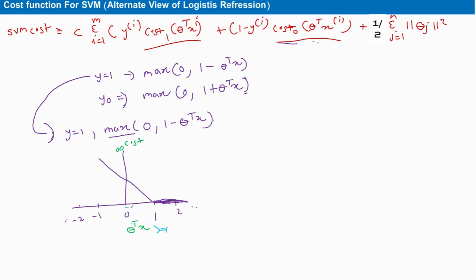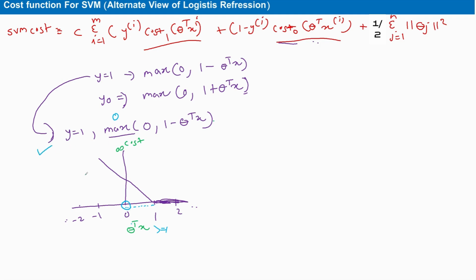When theta transpose x is greater than 1, this 1 minus theta transpose x becomes 0, and we get the cost as 0.